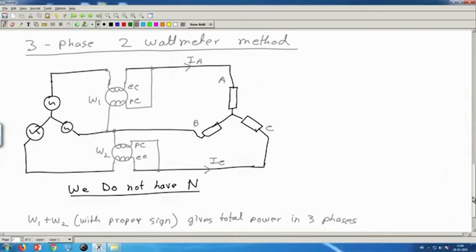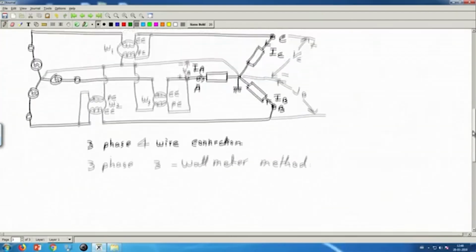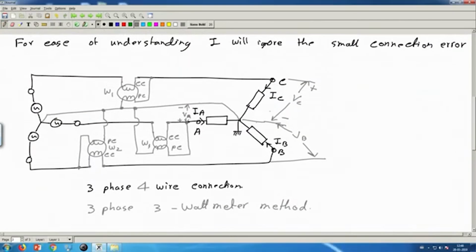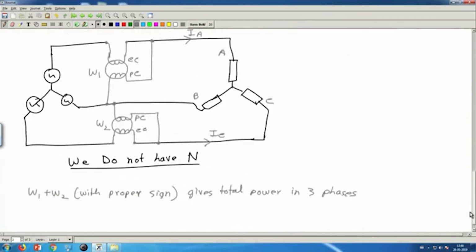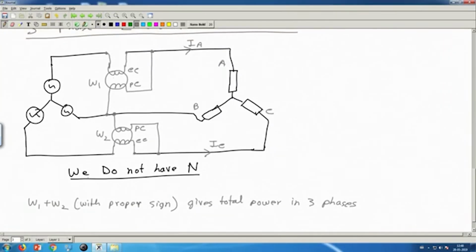Previously, in the 3 wattmeter method, to get the total power we needed W1 plus W2 plus W3. Now, in this new circuit, W1 plus W2 will give the total power. How? Is it not surprising?